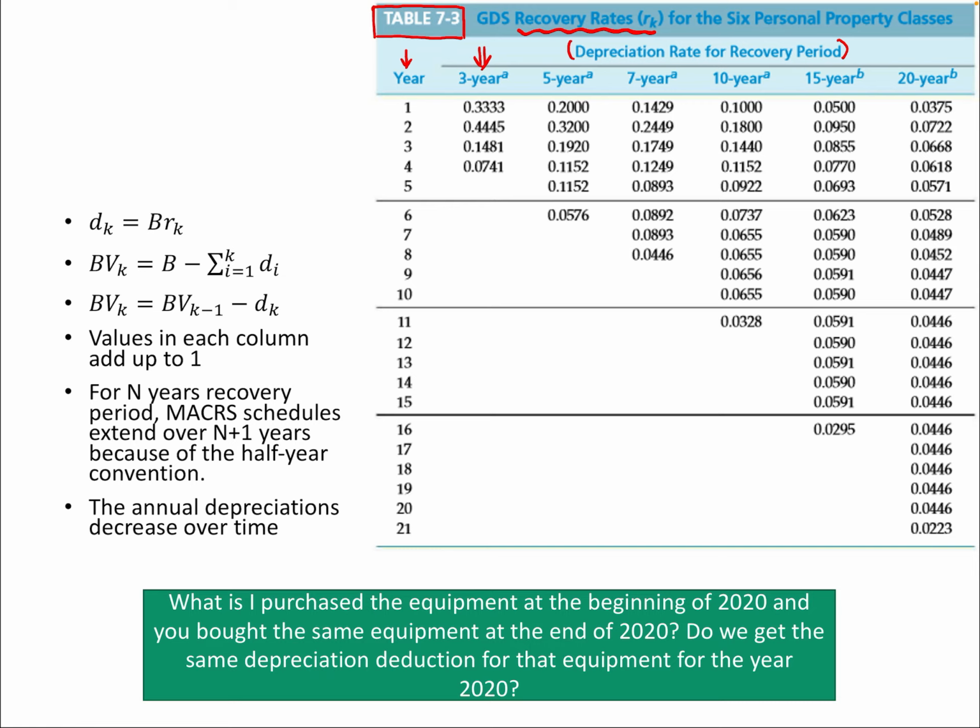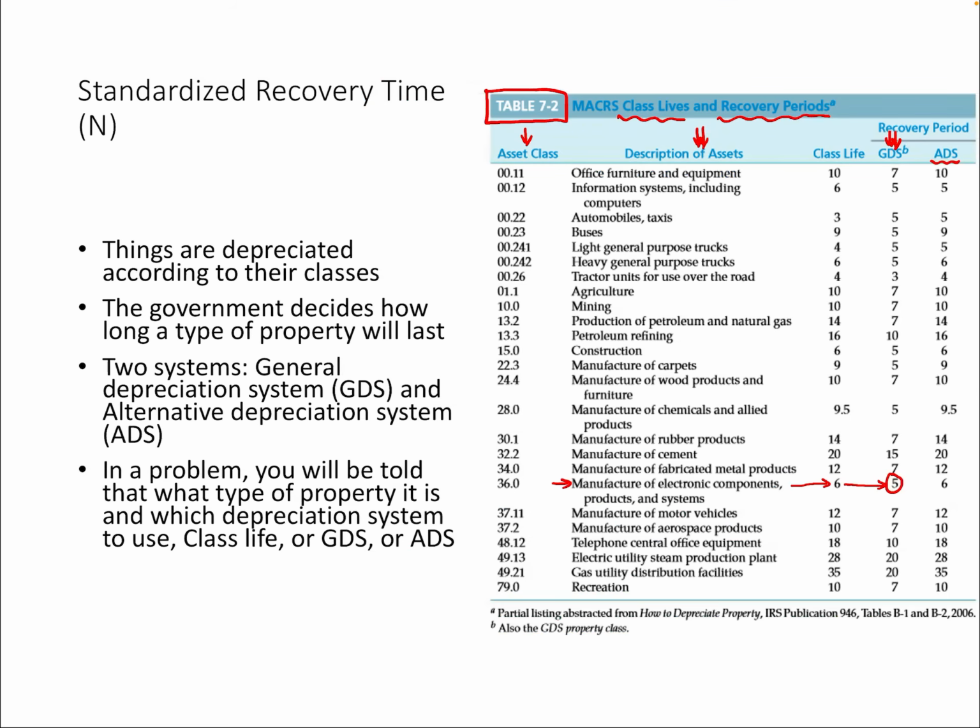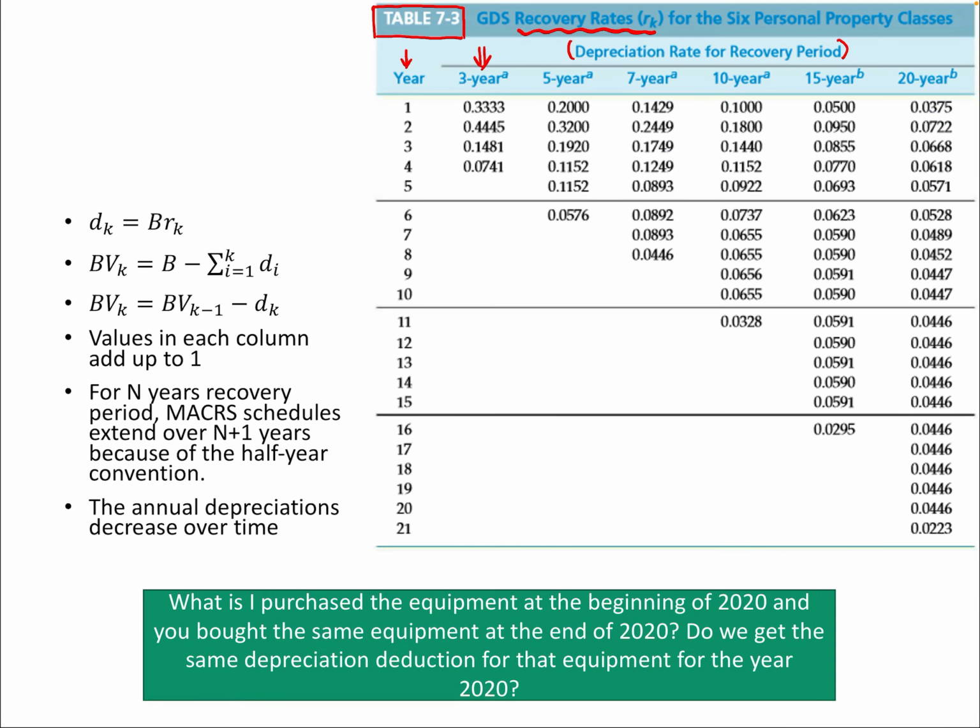So whenever in the problem you find out that your property is under a class, and the GDS life is 3 years, for example this one, then you need to check this table for the column of 3 years, and then you will find these numbers 0.33, 0.44, and so on. That is the rate, the RK.